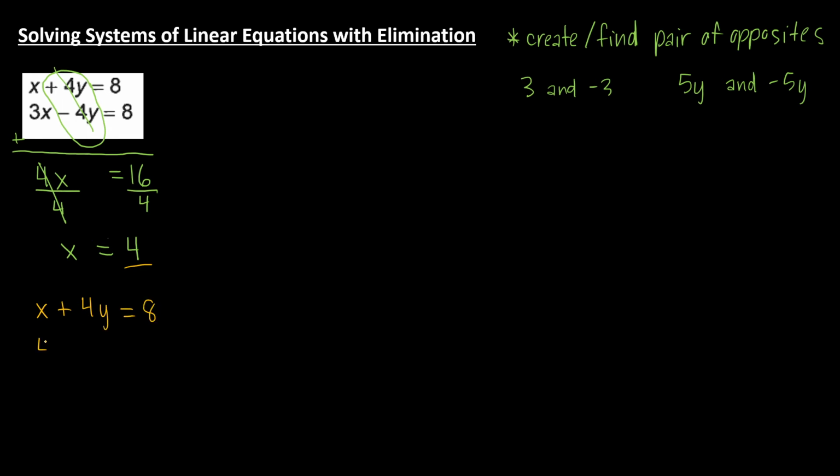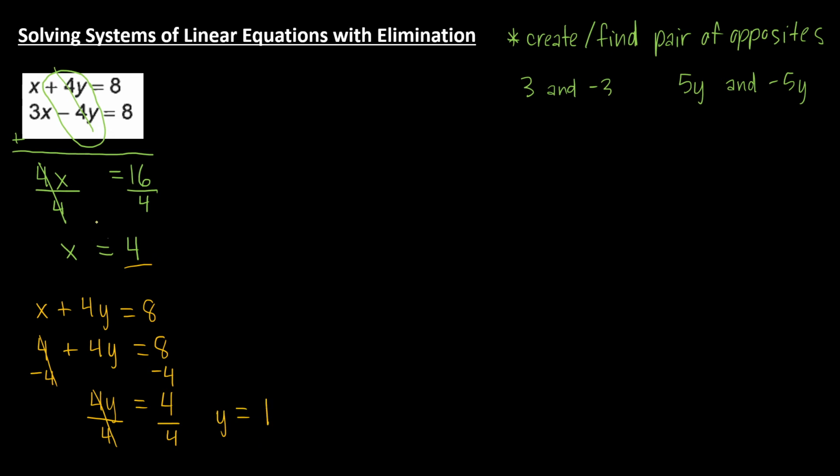So we replace x with 4 and rewrite the equation. To solve for y, we subtract 4 from both sides of the equal sign. Then we have positive 4y equals positive 4. Then we're going to divide both sides by 4. And you get y equals 1.